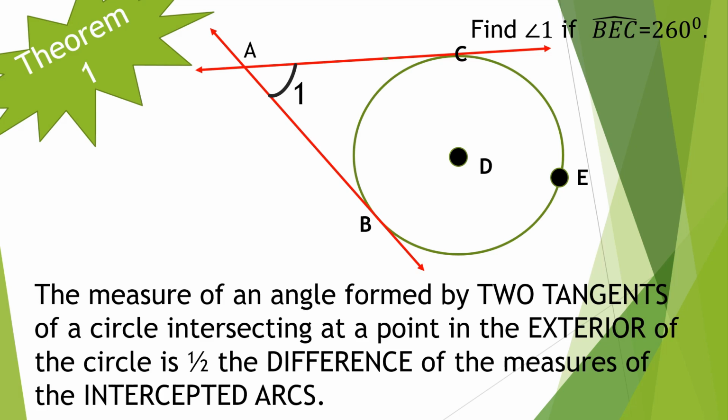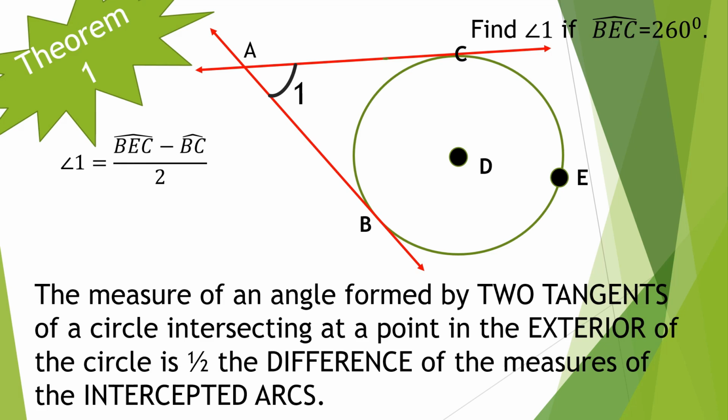Supposedly we are going to find angle 1 if arc BEC is equal to 260 degrees. So this big arc here, BEC, is 260 degrees.